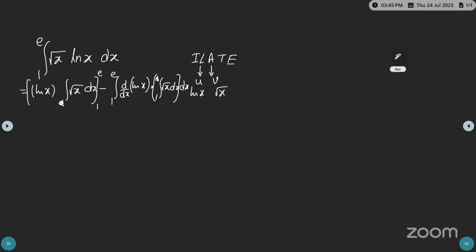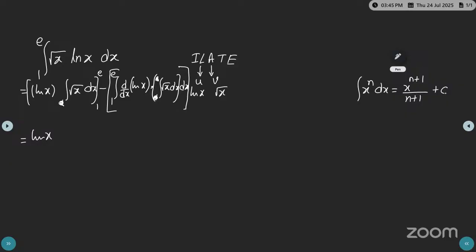You may not write that, you can write it finally. What is the integral of x power n? Integral of x power n dx equals x power n plus 1 by n plus 1, plus c.